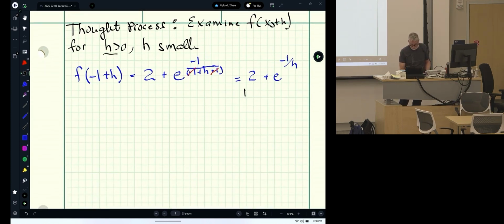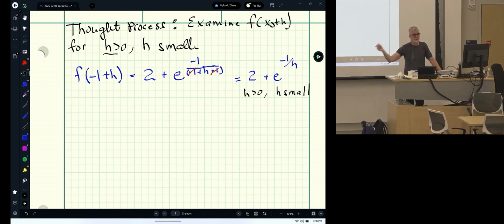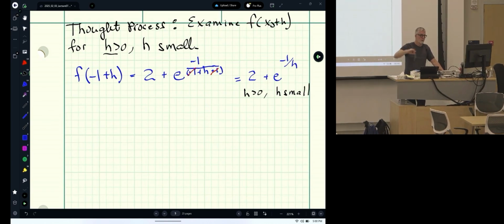And let's put this data down. h positive, h small. Okay, so if h is positive, what is minus 1 over h? Negative. And if h is small, that is a very large negative quantity, and e to a very large negative quantity goes to 0. Okay, so that's how you work through these things.